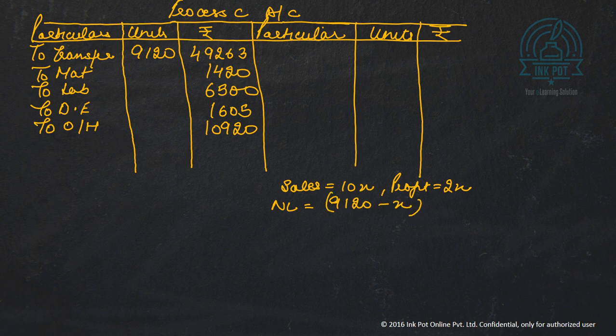This is the value of normal loss. Now we know that profit is shown on this side, and normal loss and sales are shown on this side. So we know that total cost is this.